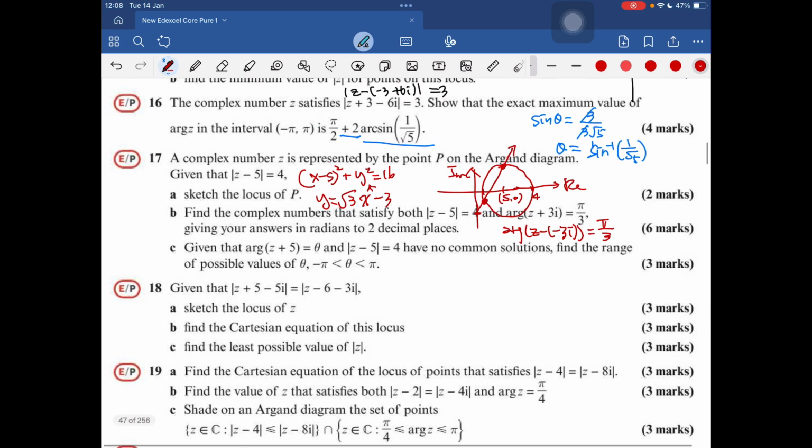So here x squared plus square root of 3 x squared is 4x squared minus 10x, and negative 6 square root of 3 x, and 25 plus 9 equals 16.